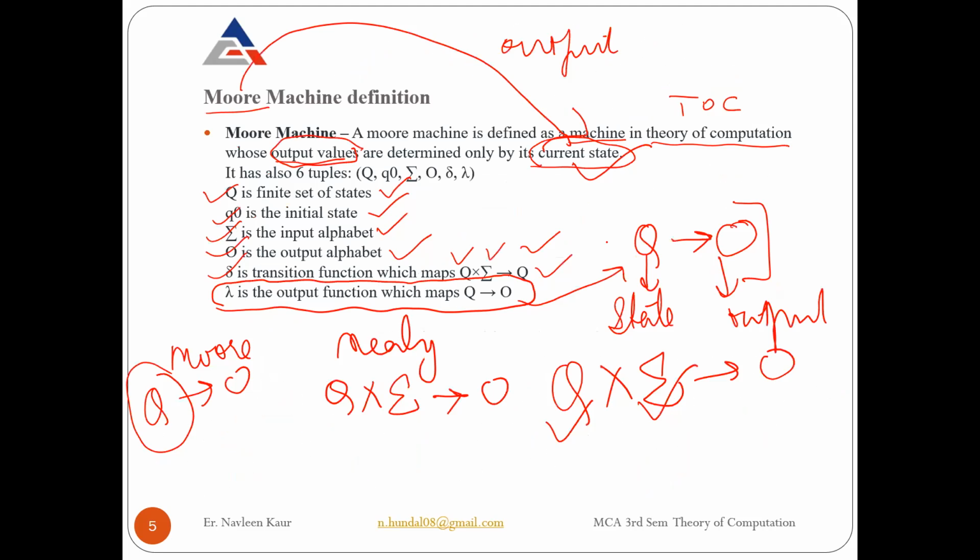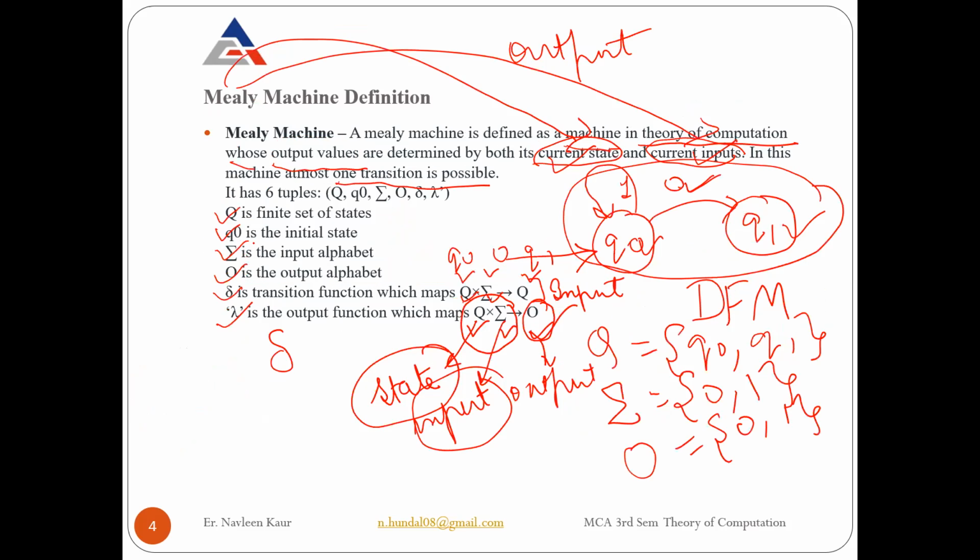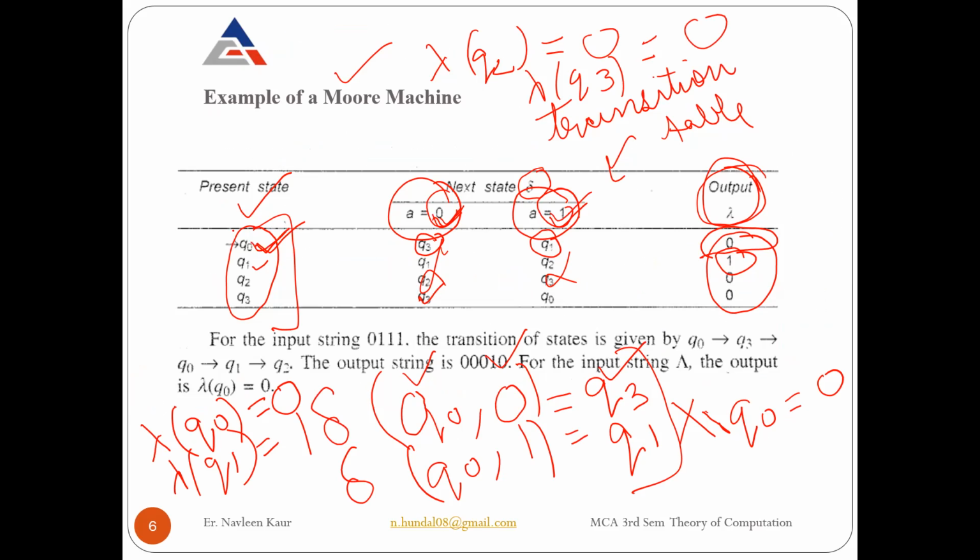These two things, 0 and 1, are not affecting that output. And this has explained that in Mealy machine, the output is only dependent upon the current state. For Q0, output is always 0. For Q1, output is always 1. For Q2, output is always 0. For Q3, output is always 0.